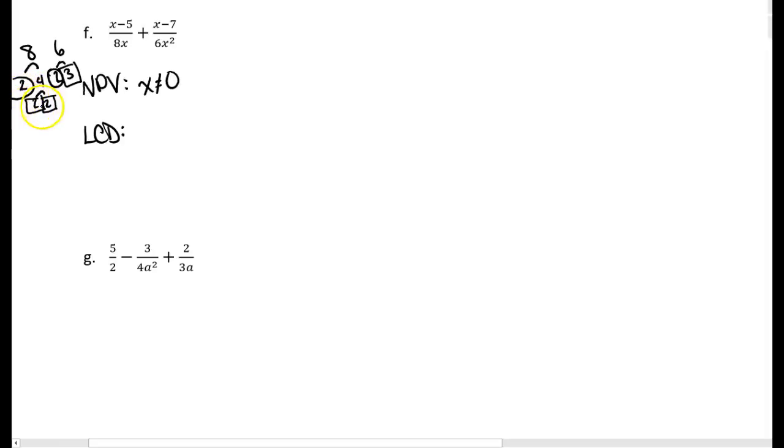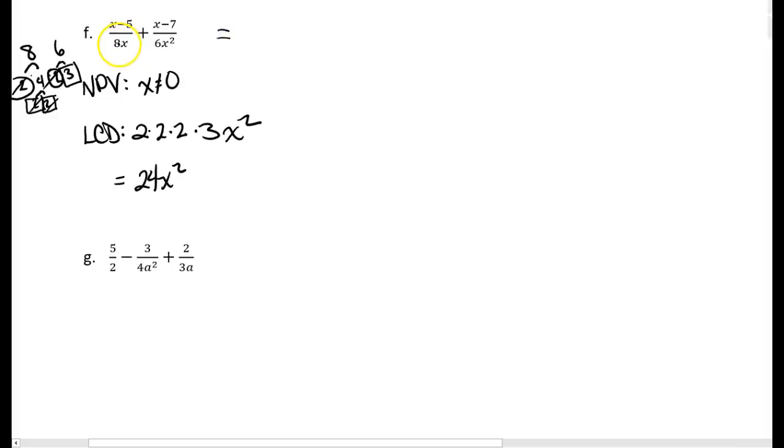So 2 times 2 times 2 is 8. Times 3 is 24. Or you can actually write it out first. That might not be a bad thing. 2 takes care of both of those. Times 2 times 2 takes care of both of those. Times 3. And then x squared, which would be 24x squared, is what I need.